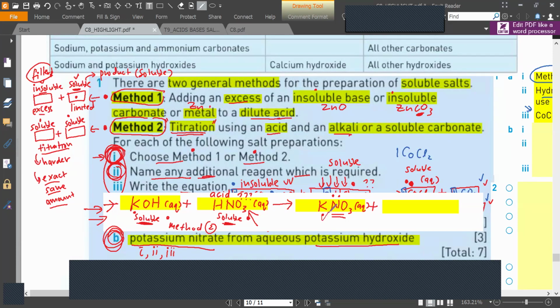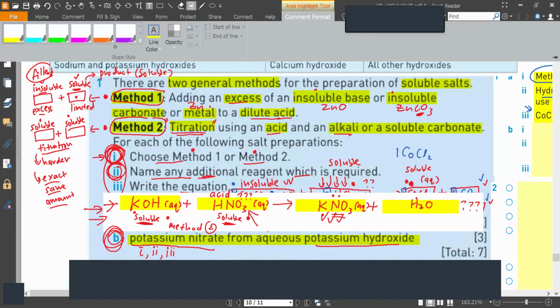We know one of the products is potassium nitrate. What is the other product? Water. Yes. Now try to balance the equation.